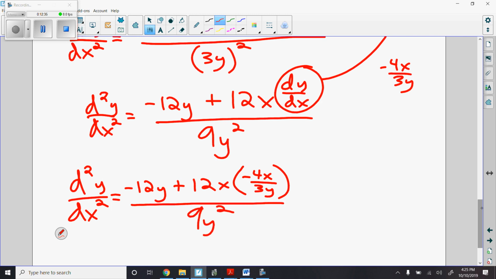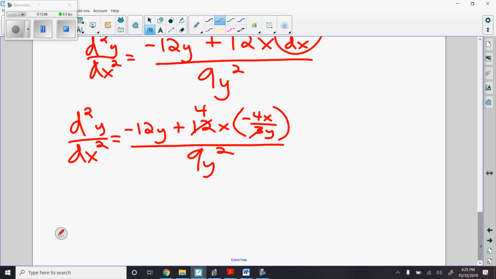So I just rewrote my second derivative there. But I replaced that dy dx with what dy dx actually is, which is negative 4x over 3y. Now, this is our answer in terms of x and y. However, it might be a good idea to work on simplifying this thing. One thing I see when I simplify this, this 12 and 3 are both divisible by 3. 12 divided by 3 is 4.